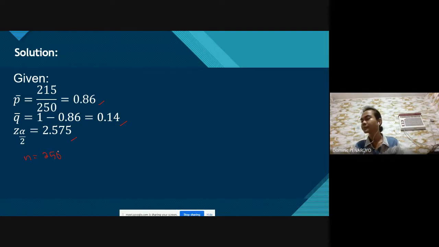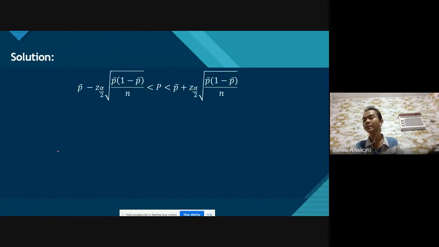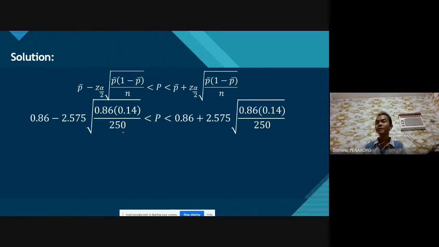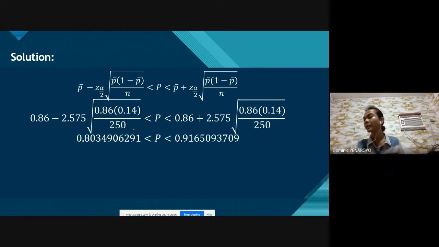So we'll have here 0.86 minus 2.575 times the square root of 0.86 times 0.14 over 250 for our lower limit. Now for the upper limit naman, addition lang. So ito yung lalabas sa calculator nyo.